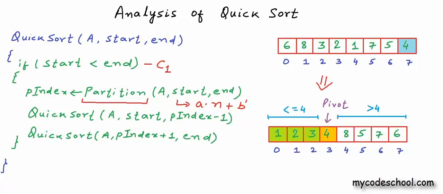And now after the partition, we can make two recursive calls, one for the segment of the array to the left of pivot and another for the segment of array to the right of pivot. In this recursive approach, a balanced partitioning will be the best case for us. In balanced partitioning, both subarrays towards the left of pivot and towards the right of pivot will have length equal to or almost equal to n by 2, where n is the number of elements in the original array.